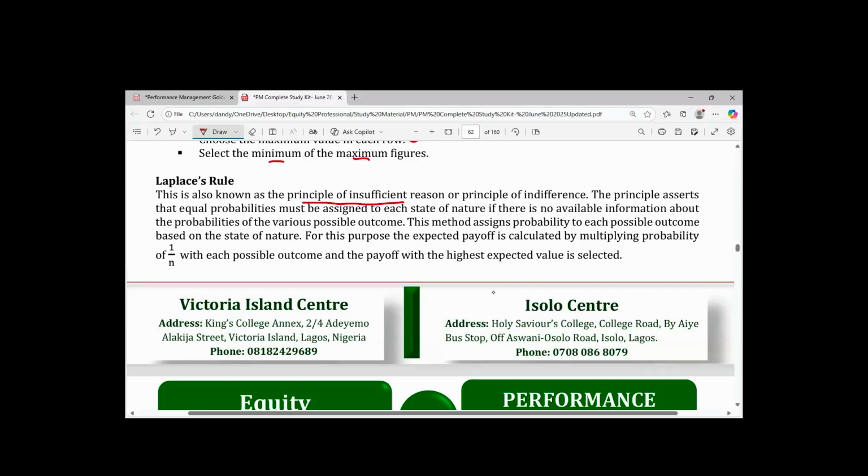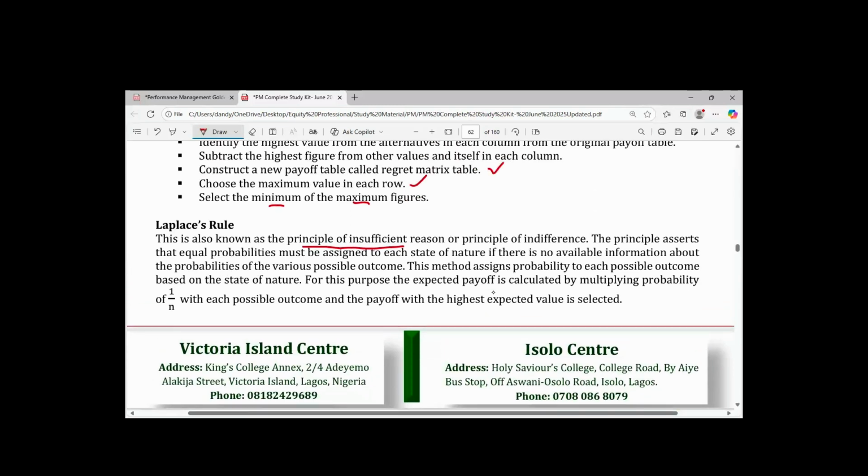What we are saying is that as far as the Laplace rule is concerned, you are supposed to assign probability of occurrence to each state of nature. And the number of probability you are going to assign will depend on the number of states of nature.